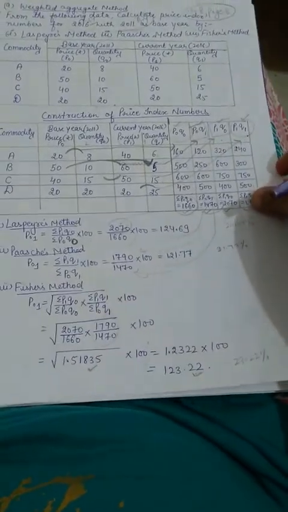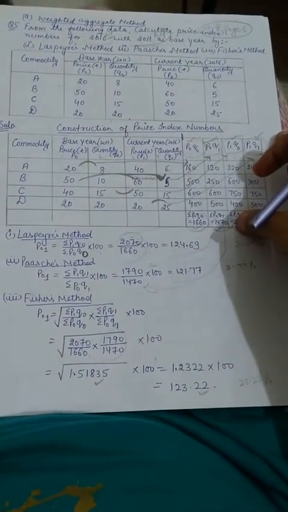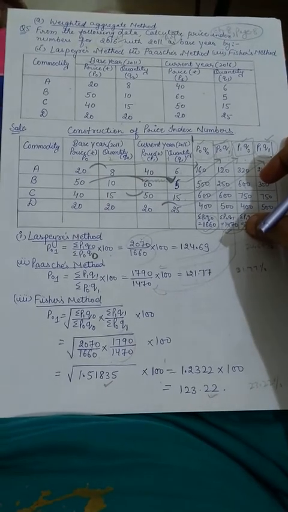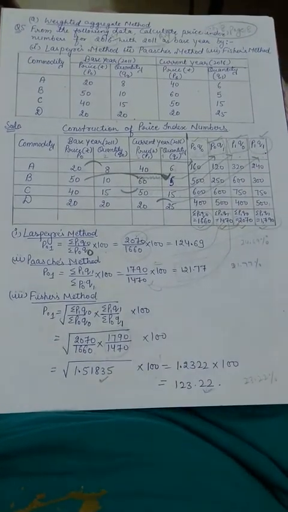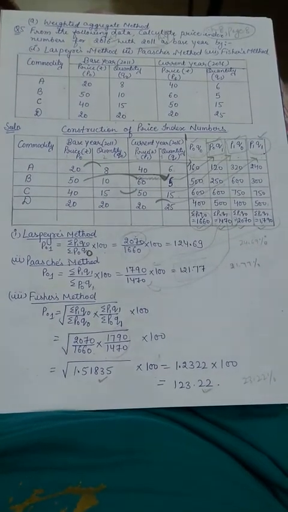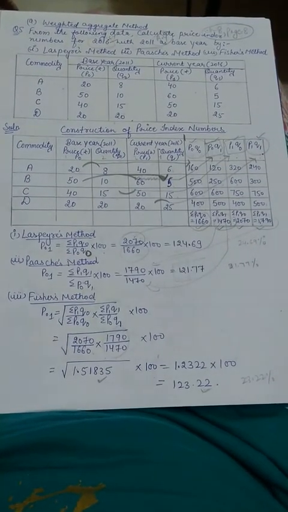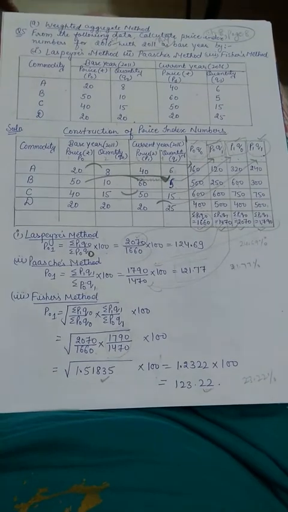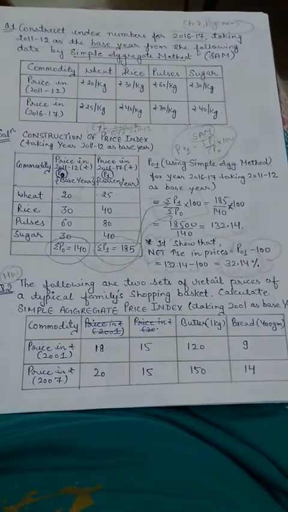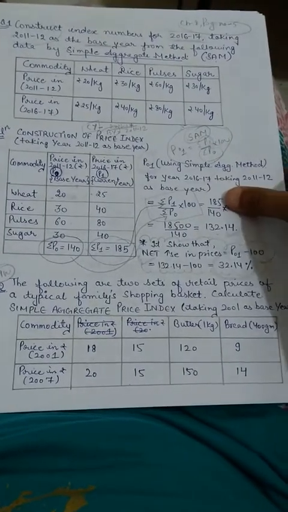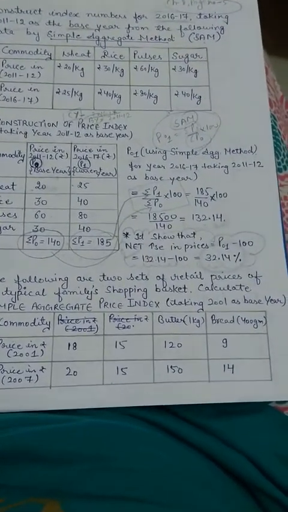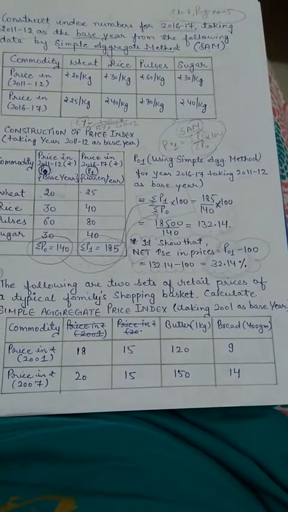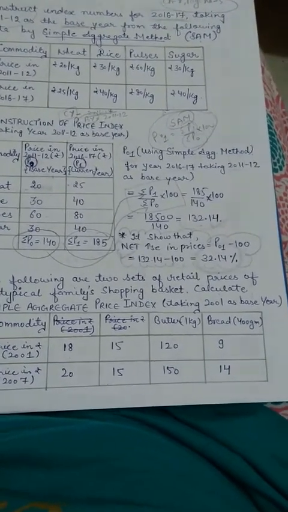This one was your numerical on the weighted aggregate method, and this numerical was also related to the weighted index number, and it is showing you 3 different ways. And this was all what we have discussed. Finally, this was your class discussion.